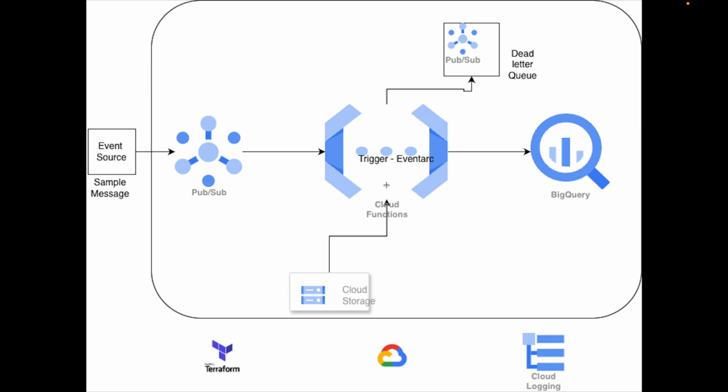It gets published into a Cloud Storage bucket. So the source code for this Cloud Function generation 2 will be coming from this Cloud Storage bucket. And finally, after processing, it will be writing the data into Cloud BigQuery. And if there is any failed processing, it will be taken care of by this dead letter queue.